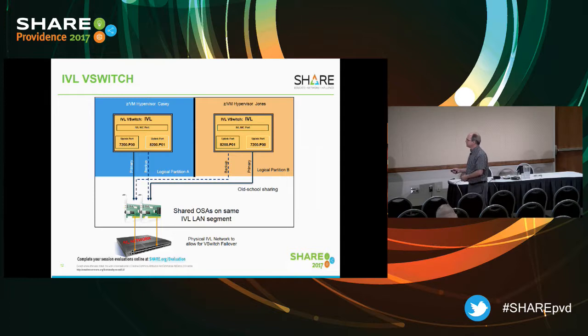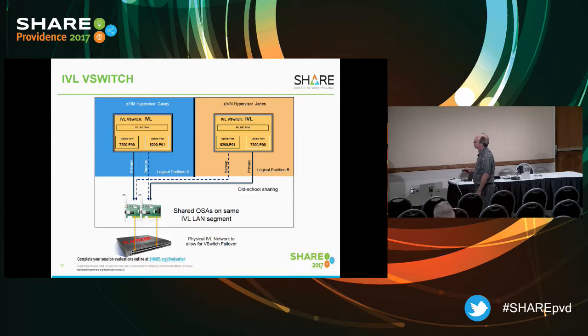In this picture, what I've got is I've created the IVL vSwitch and this old school sharing. That's just typical shared OSAs as I've been able to do for decades. And because if one of the interfaces in the IVL goes down, I need redundancy. I need something to back it up. So I've got these 2 LPARs. Casey and Jones are the names of the z/VM systems running in there. And they both create a vSwitch.